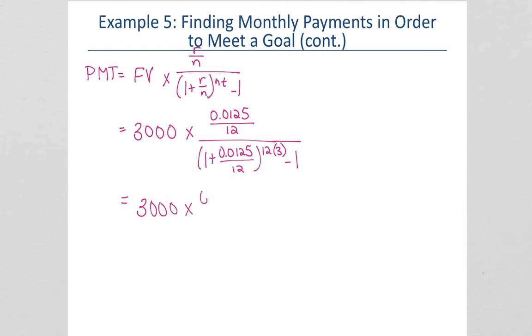So working this out, 0.0125 divided by 12 is 0.001041667. Add that to 1 for the bottom. You got 1.001041667 to the 36, minus 1.